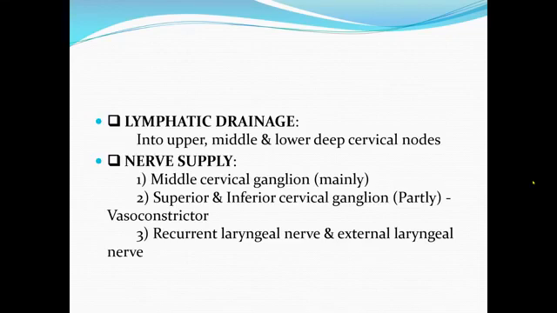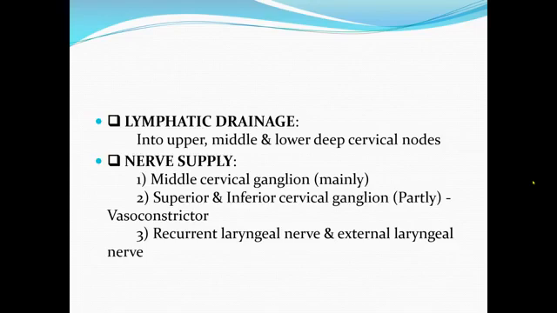The recurrent laryngeal nerve supplies all the intrinsic muscles of the larynx except cricothyroid. It is a very important viva question.